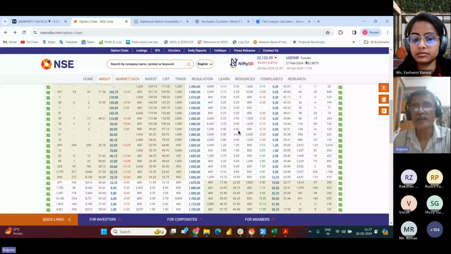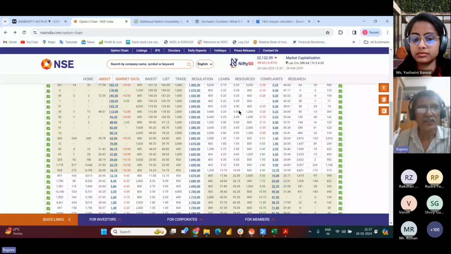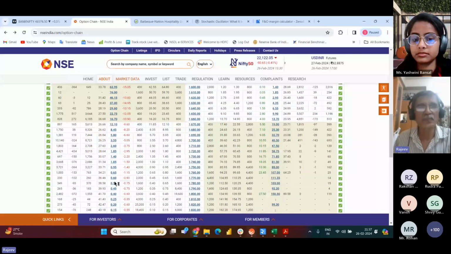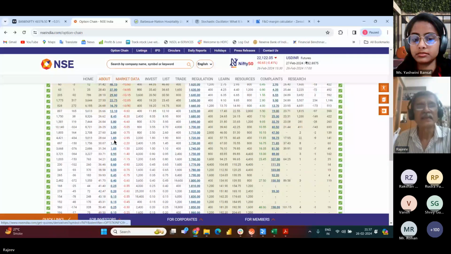So most of them have already started nearing zero on the put side and on the call side. They have become fractions less than one. As we approach the expiry, these prices will slowly approach zero. They will finally end up at 0.05 or something like that.